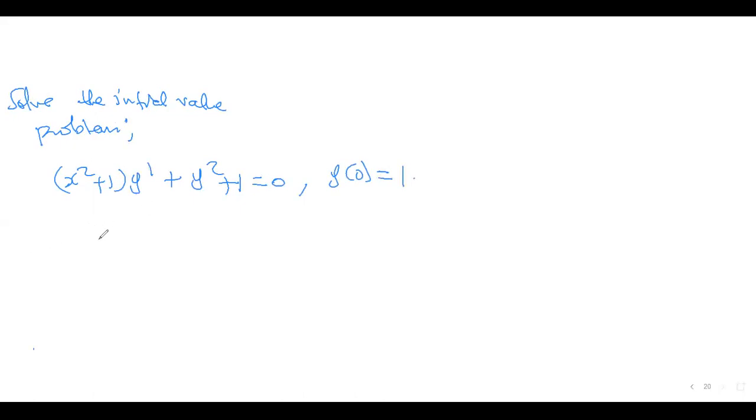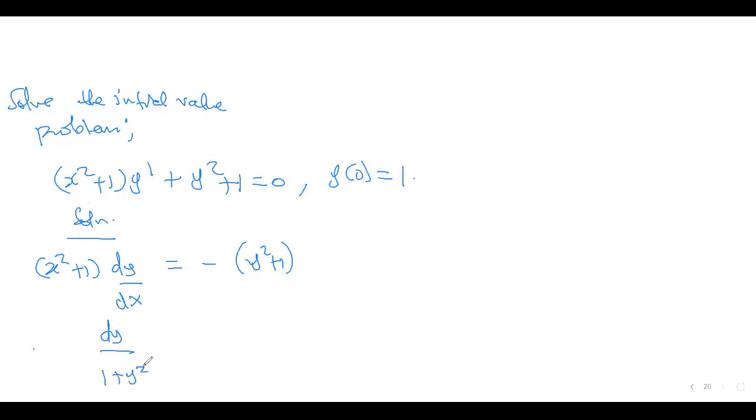So we can have x squared plus 1 dy dx as equal to negative y squared plus 1. And then we have dy over 1 plus y squared is going to be equal to negative dx over 1 plus x squared.